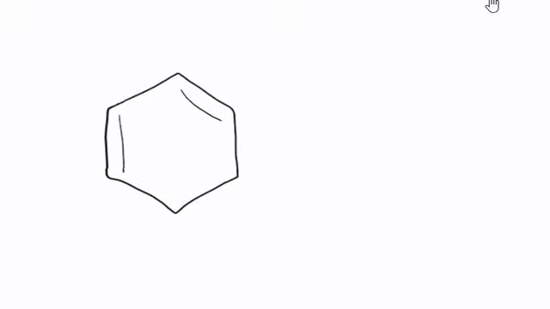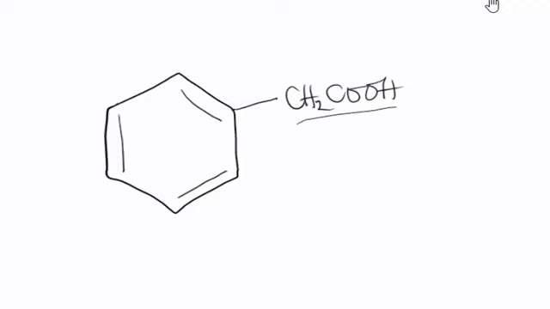So let's also check this out. If I have this, so what structure is this? This is a benzene ring, and if I should add this, now this is an ethanoic acid, so I can choose to name this compound based on the ethanoic acid here.